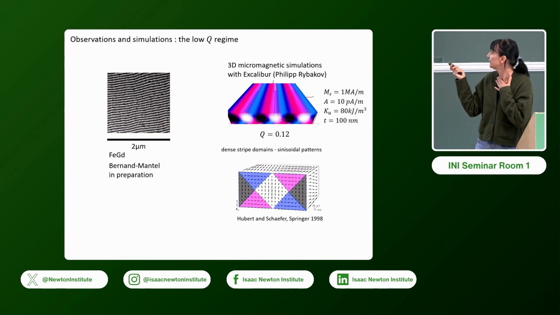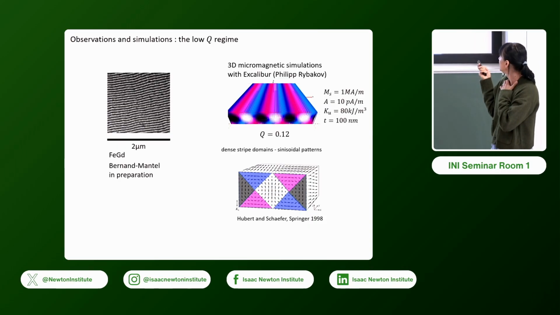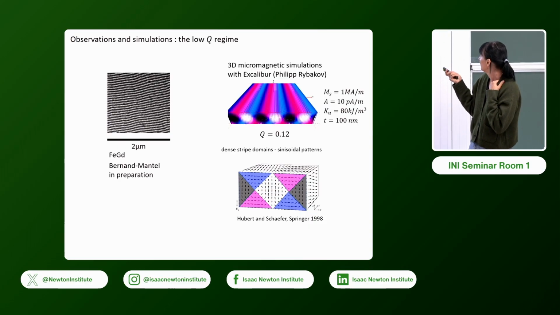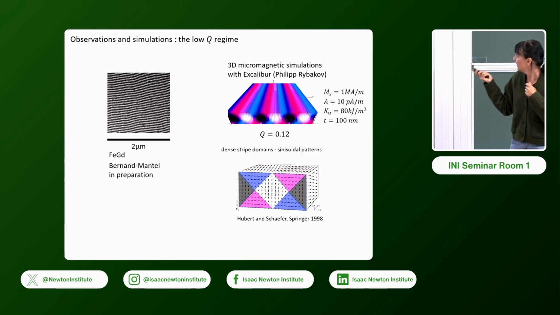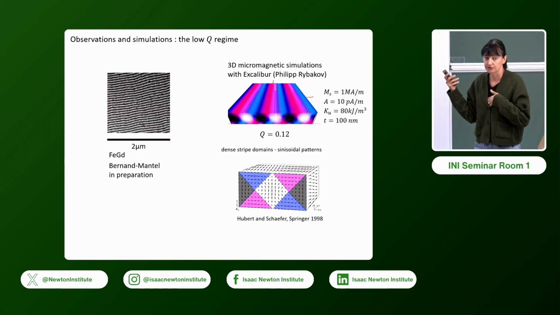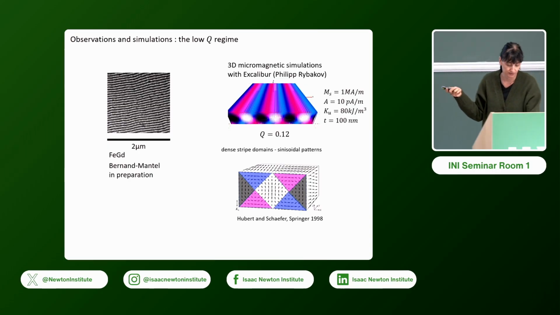But you can see here a nice three-dimensional micromagnetic simulation of this very case. And you can see here that I observe this flux closure domain, and this is what is called a dense stripe. So I have a continuous rotation, so it's more like a sinusoidal pattern.